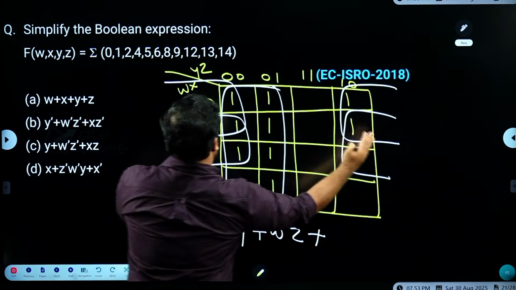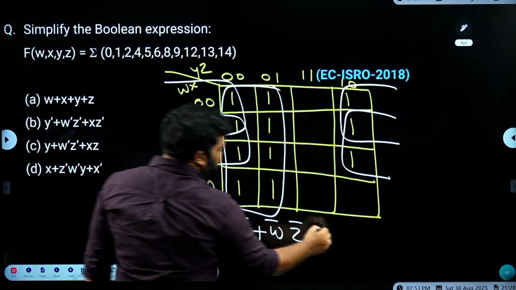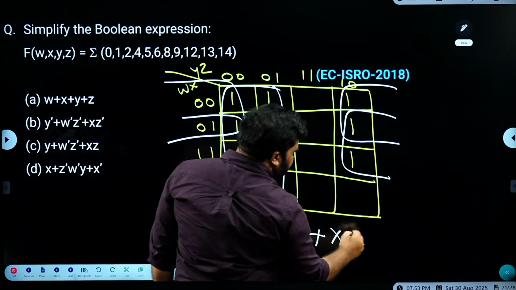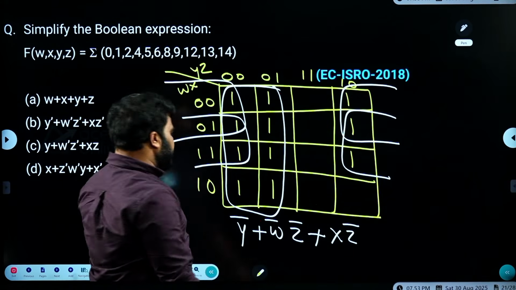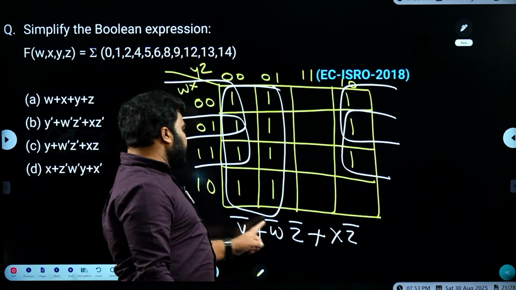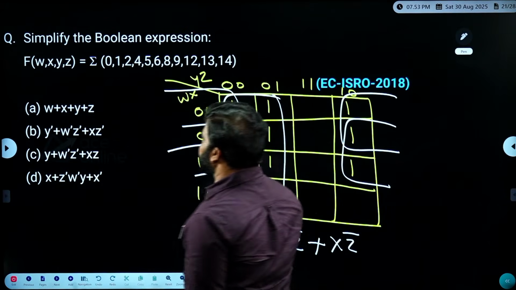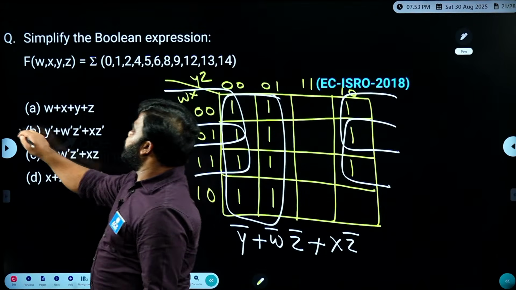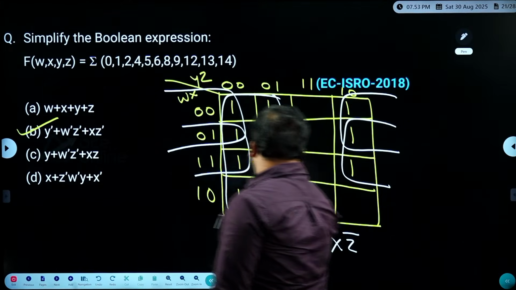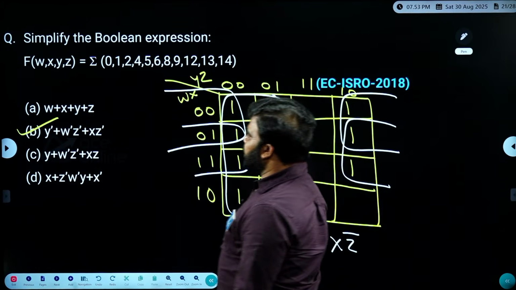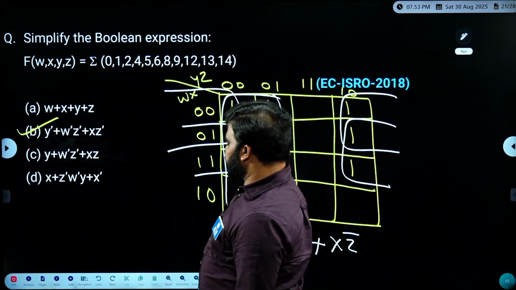Plus another quad, in this x equal to 1 is not changing, and z equal to 0 is not changing, so x z bar. So finally y bar plus w bar z bar plus x z bar. So the option is B. That is the answer for the given question.